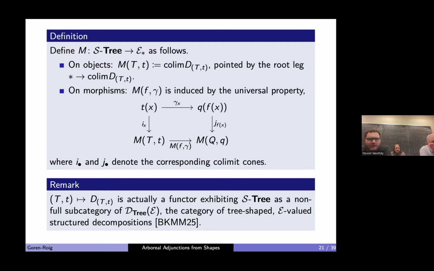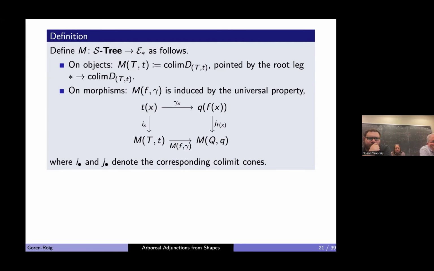What is E? E star? So E is our category of extensional objects, and E star is the category of pointed objects, which means objects with a monomorphism from the point. And to define S tree, did we fix E? We did, yes.